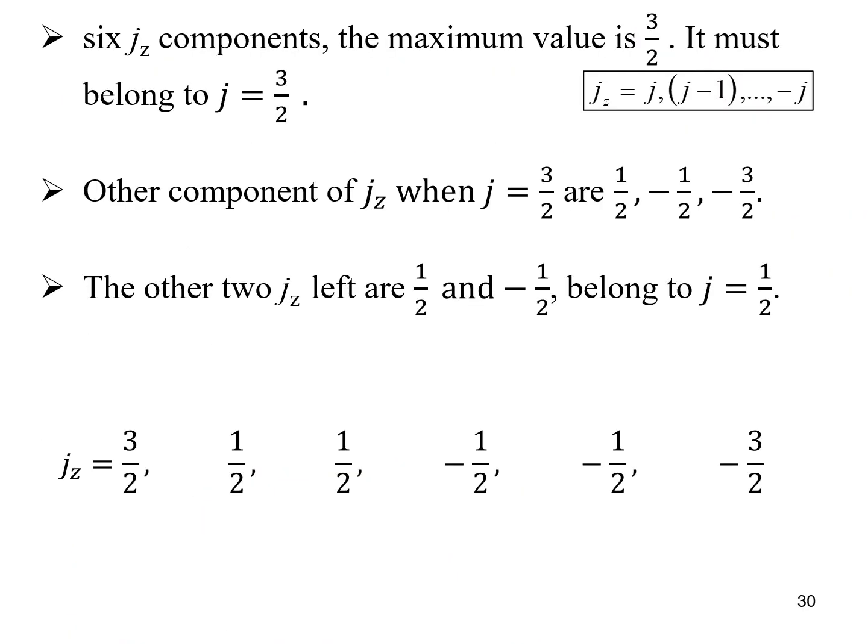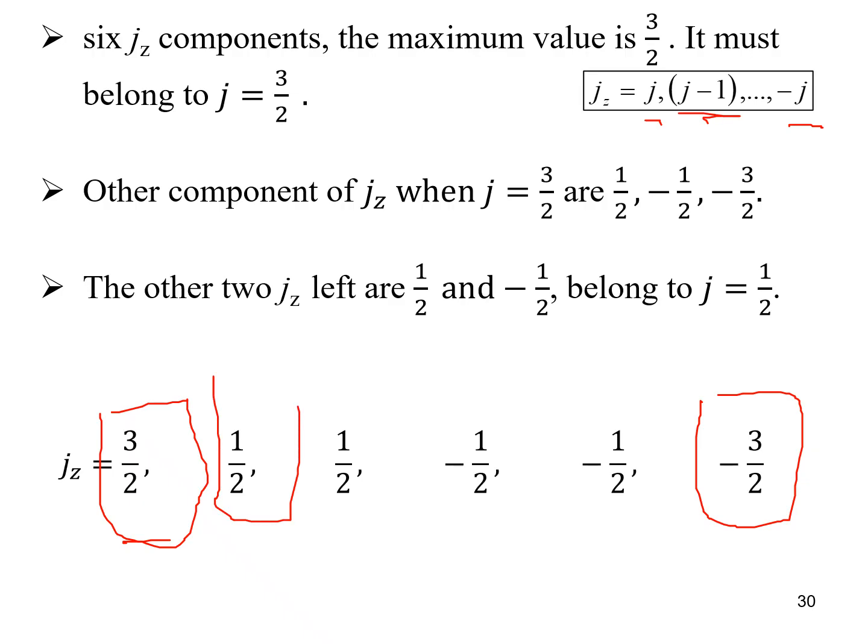The maximum value of Jz is 3/2, and we know that Jz ranges from positive J until negative J. So one of the values is Jz 3/2, and the other is minus 3/2. In between 3/2 and minus 3/2, we subtract 1 each time. So 3/2 minus 1, we get 1/2.